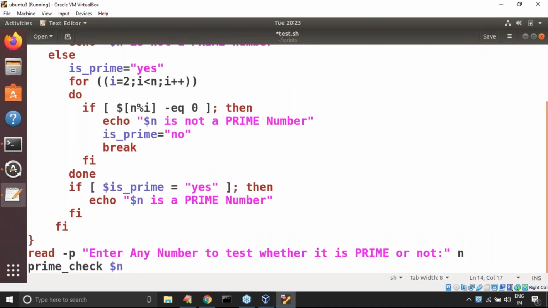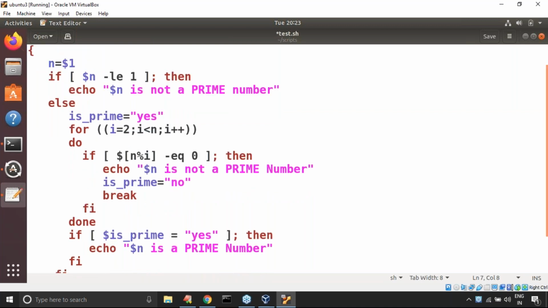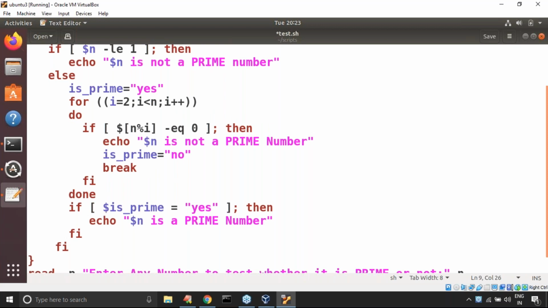Yes, friends, in my logic, if the given number is less than or equal to 1, it is not a prime number. Else, is_prime equals yes. By default I am assuming that it is the prime number.